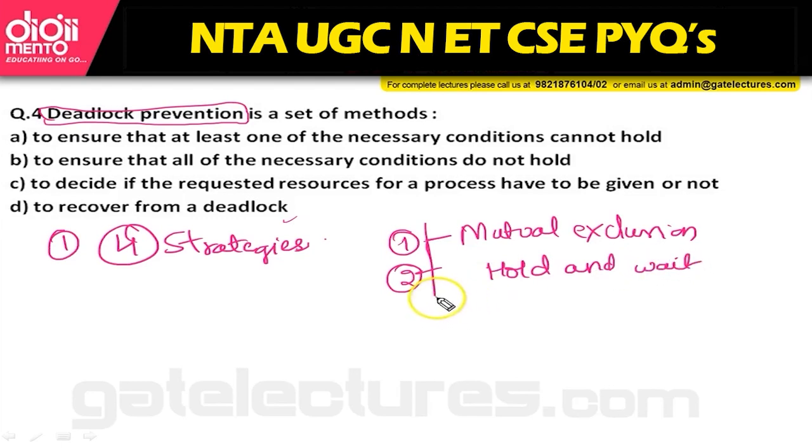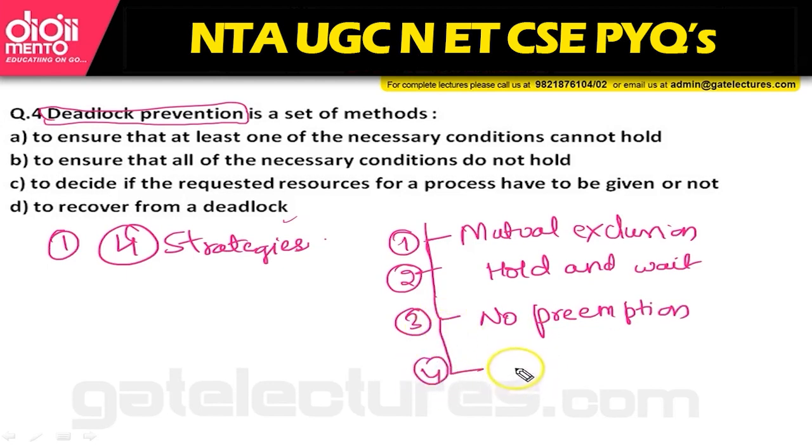Third one is no preemption. And the fourth one is circular wait. So these are the four conditions for the deadlock to occur.